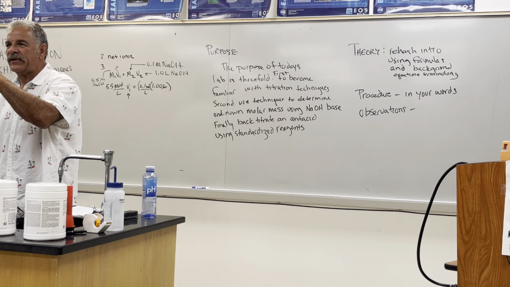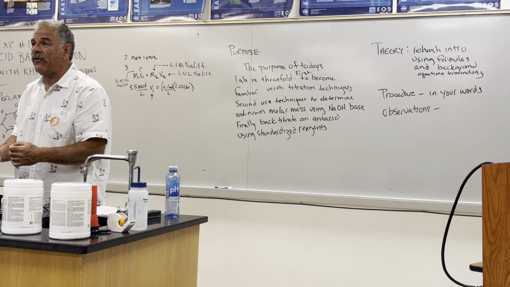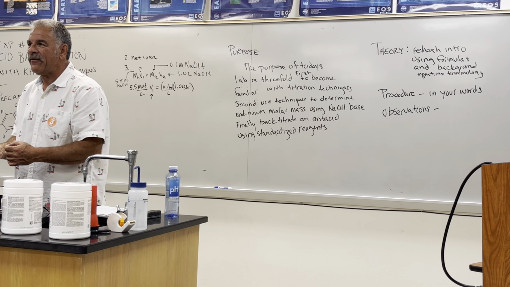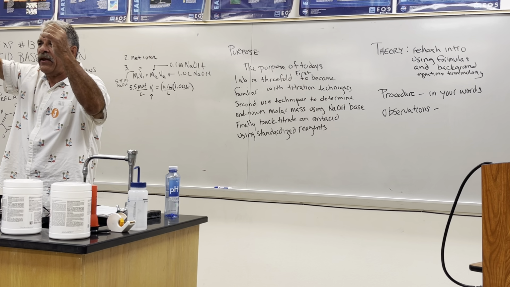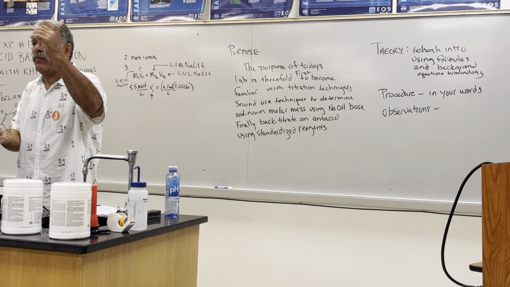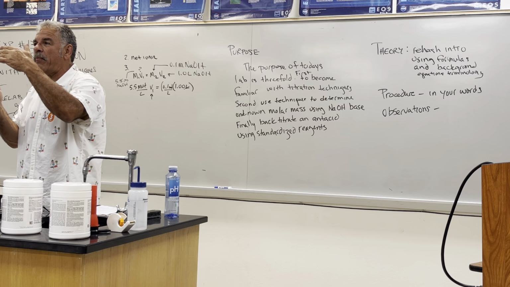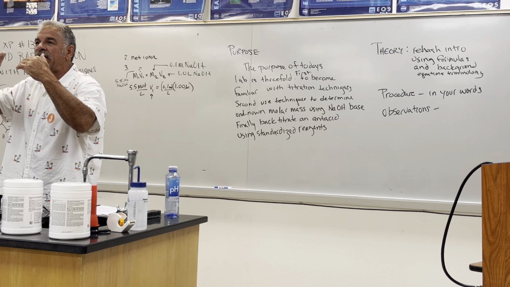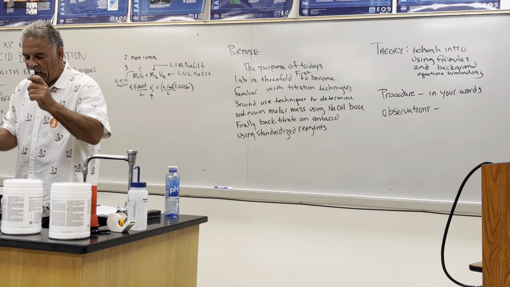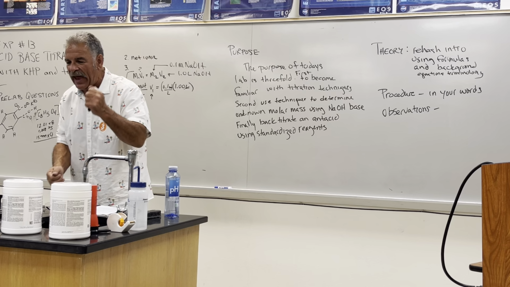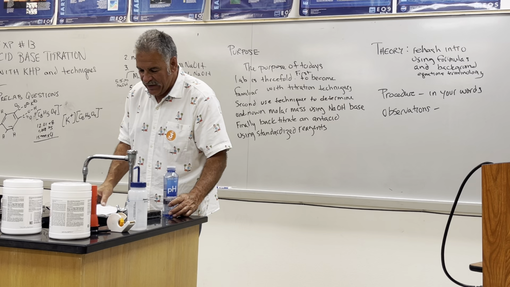If you think your acid is 1 molar, it's going to take you a lot of drops to get to 0.1, right? If you think your acid's at 0.1 and your base is at 0.1, you're probably going to be very close to equal amounts, right? So you might want to start on the other side, where you think your base is 1/10 of your acid, so that you don't run out of acid while you're titrating. So titrating is just adding drops of known to drops of unknown. That's all it is.